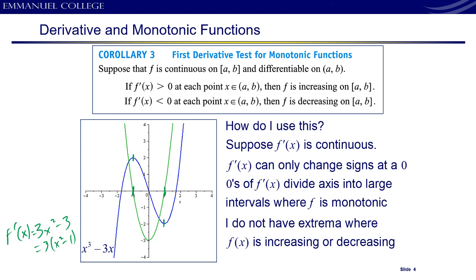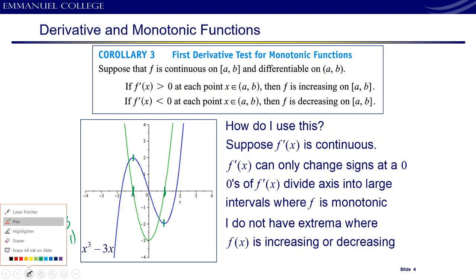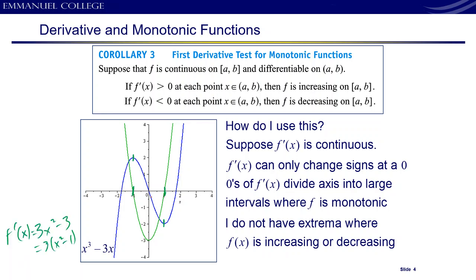Now, the key thing is you're not going to have an extrema where a function is increasing or decreasing. This is why in those intervals, we always said, even if I pick this point, if I look to the left or to the right, there's always a larger or a smaller value. That's why the intervals of increasing and decreasing are important.